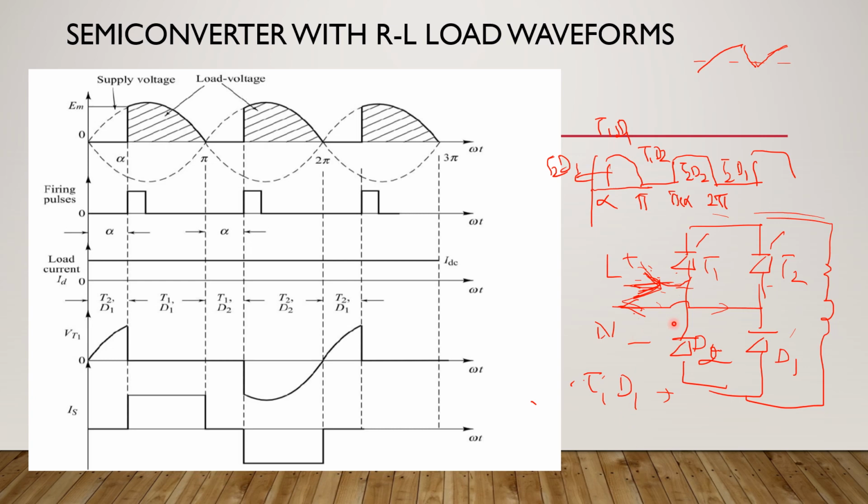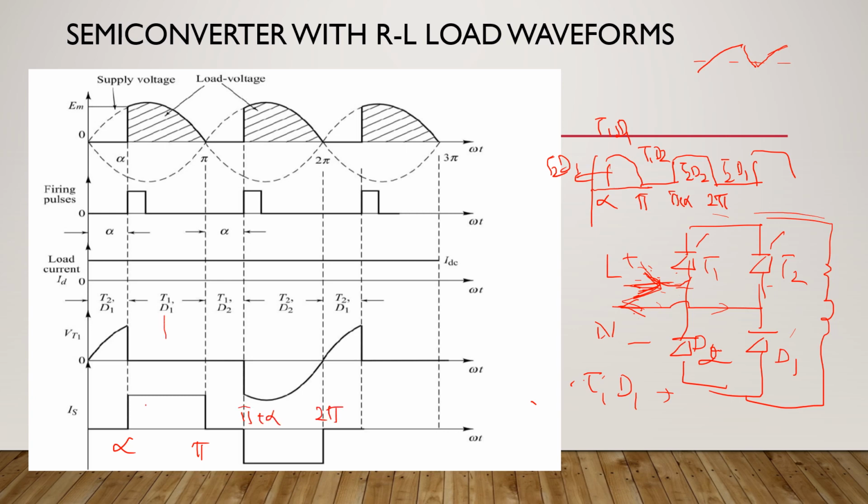Otherwise, the supply is cut off, so the current becomes equal to 0 here. This is the supply current, which is 0 from pi to pi plus alpha. So let us mark it out here: this is alpha, this is pi, pi plus alpha, 2 pi.